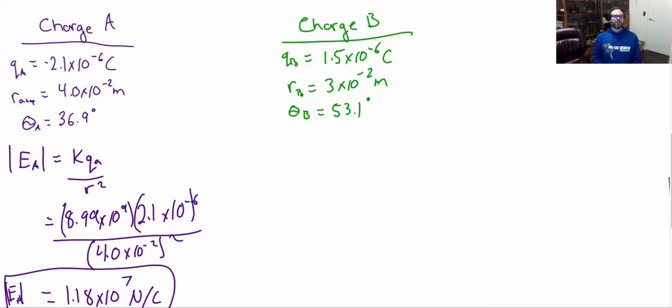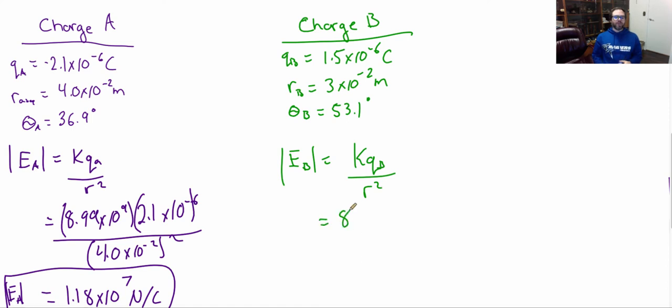So now let's try and find the magnitude of the vector for the electric field of charge B at point P. So my formula is magnitude of the electric field is going to be Coulomb's constant multiplied by charge B divided by the distance of point P to charge B squared.